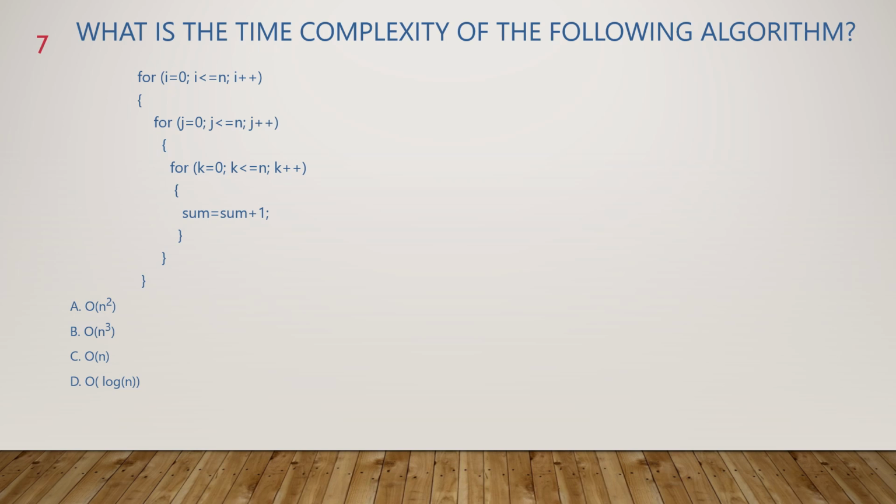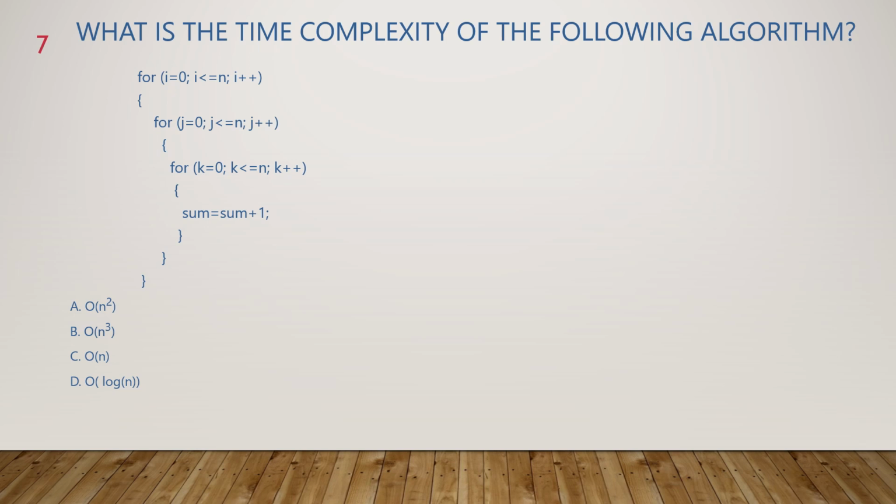The second one, j runs from 0 to n. The third one, k runs from 0 to n. Then these three loops are independent. If they are independent, each block will be computed individually, as in the previous example.